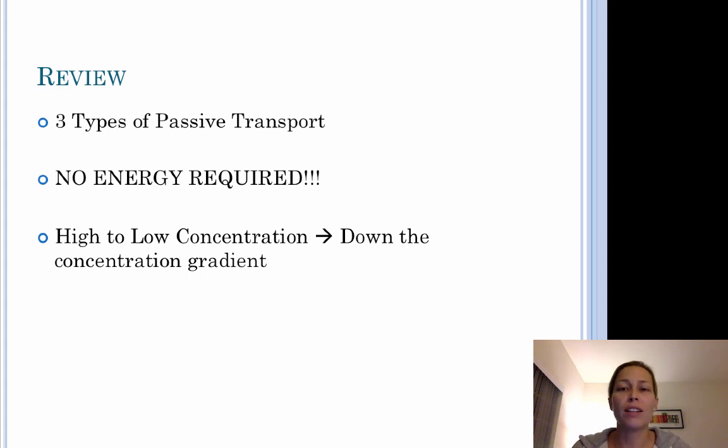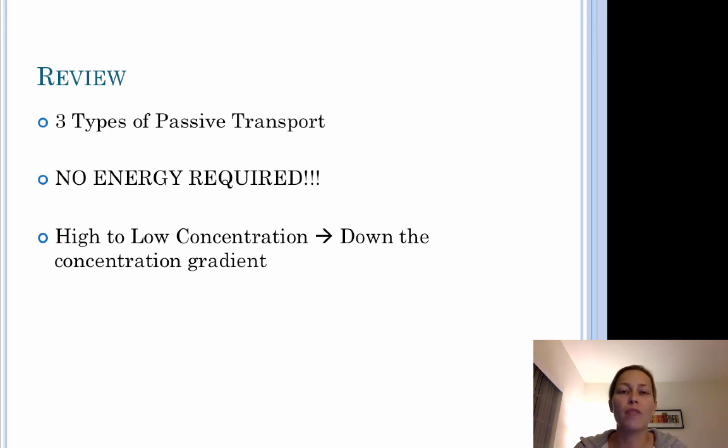Osmosis, you are specifically looking at water moving across a membrane. Again, water is going to move from an area of high concentration to an area of low concentration or down its concentration gradient. There are 3 key words that are associated with osmosis, and those are isotonic, hypertonic, and hypotonic.